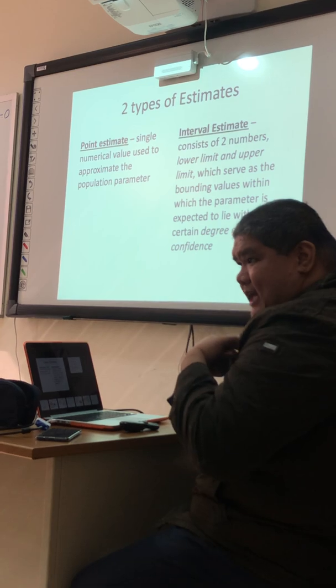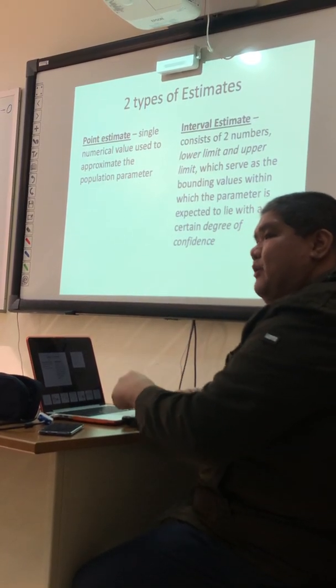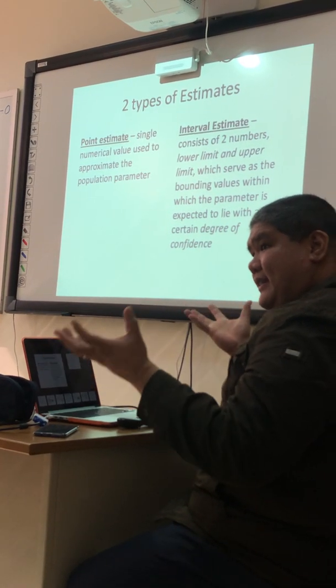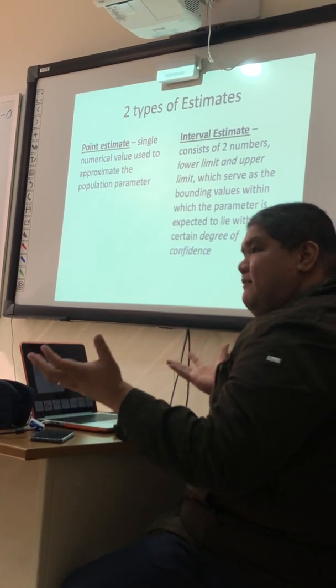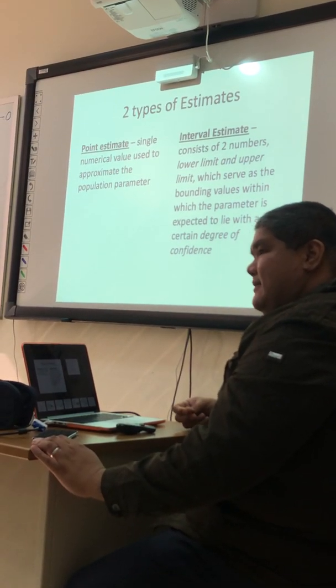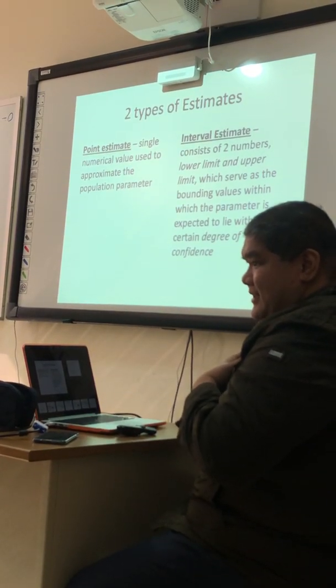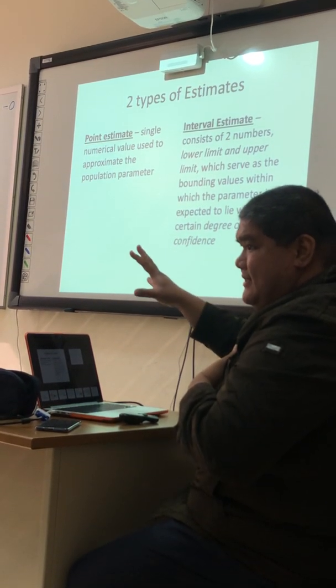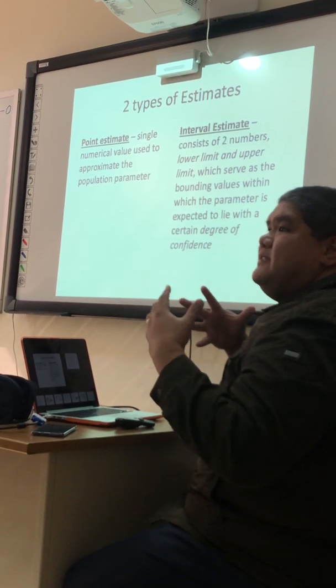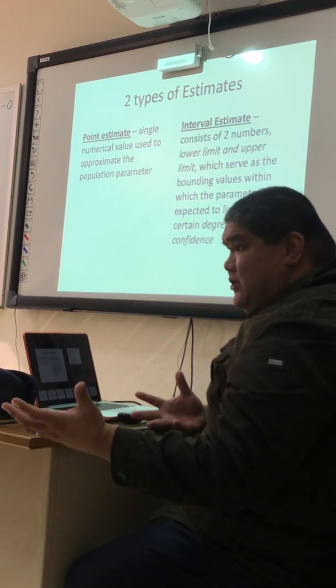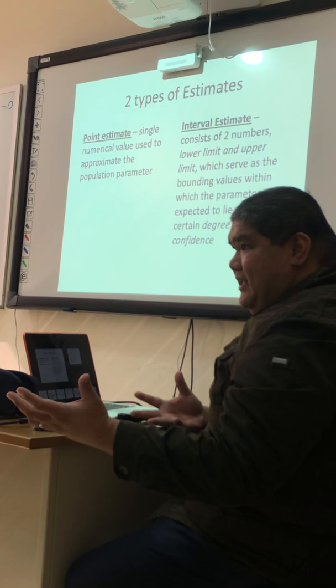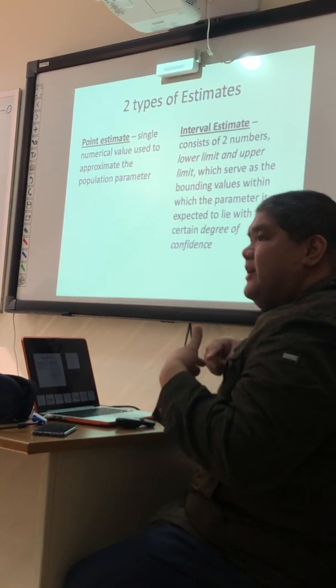Take note, mine is 19.2, his is 19.6. It's different, isn't it? Why is it different? Because my sample is different from his sample because of sampling variation. That's why our values are different.